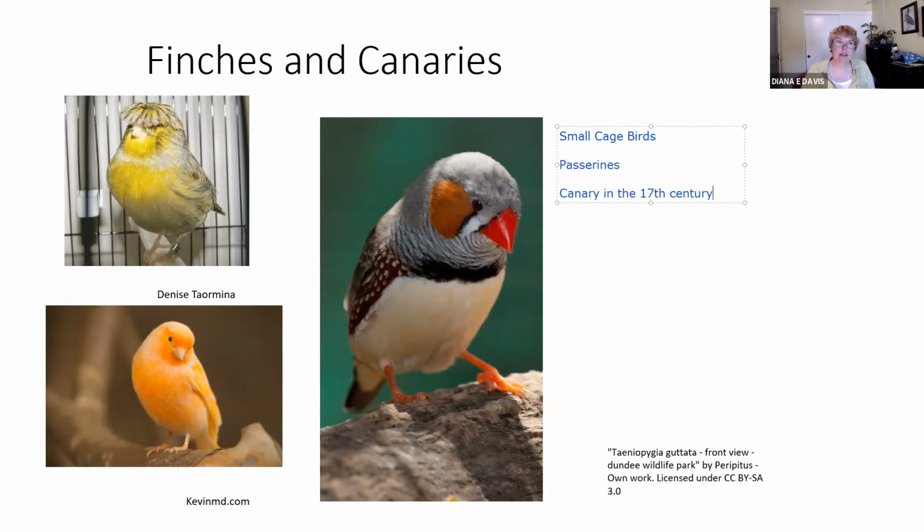Unlike a lot of parrots, for example, you take a canary and release it into the wild. If it's a domestic canary, the chances of it surviving are pretty darn low.